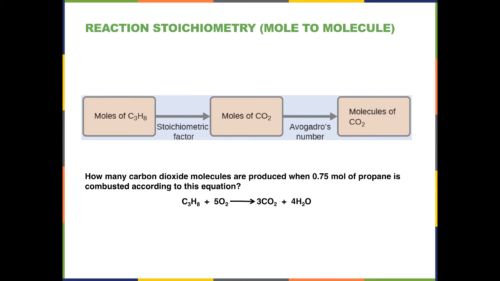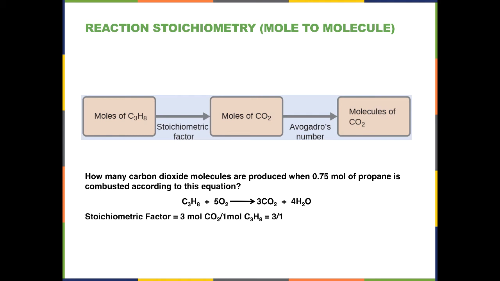Once you know the number of moles of carbon dioxide, you just multiply that by Avogadro's number, and you know the number of molecules of carbon dioxide. So you would take 0.75 times 3, then times Avogadro's number. And that's what we're doing right here.